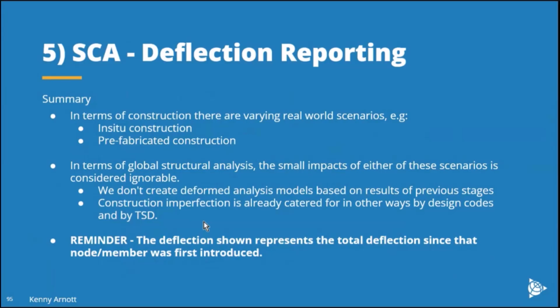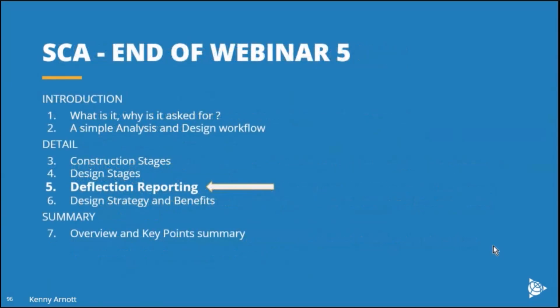So we don't create deformed analysis models based on the results of previous stages, and the construction imperfection is already catered for in other ways. As a general reminder, when you're looking at these deflection diagrams, the deflection shown represents the total deflection since that node or member was first introduced. And that brings me to the end of webinar 5.